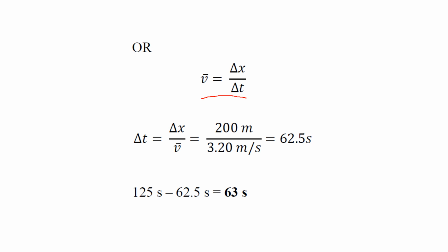Therefore, if you solve for delta t, which is what you want, the time given the new average velocity, you do the same algebra steps as before. Multiply by delta t on both sides, divide by average v on both sides, and you get delta t is delta x over average v. You plug in the original distance divided by the new average velocity, and you get the new time.